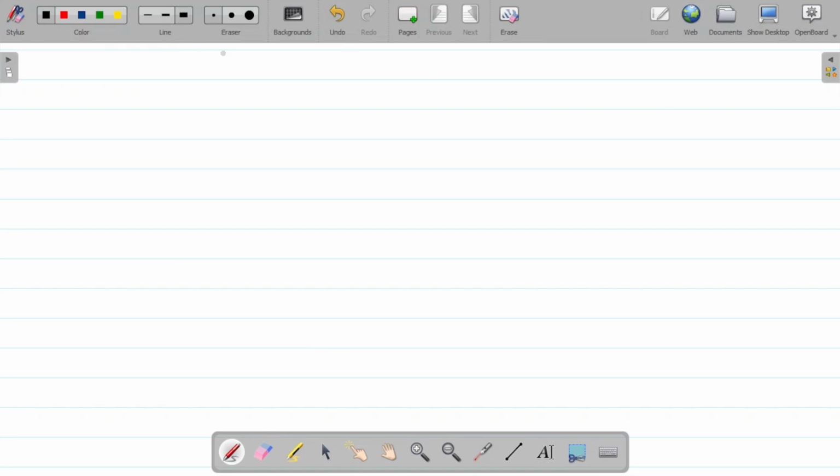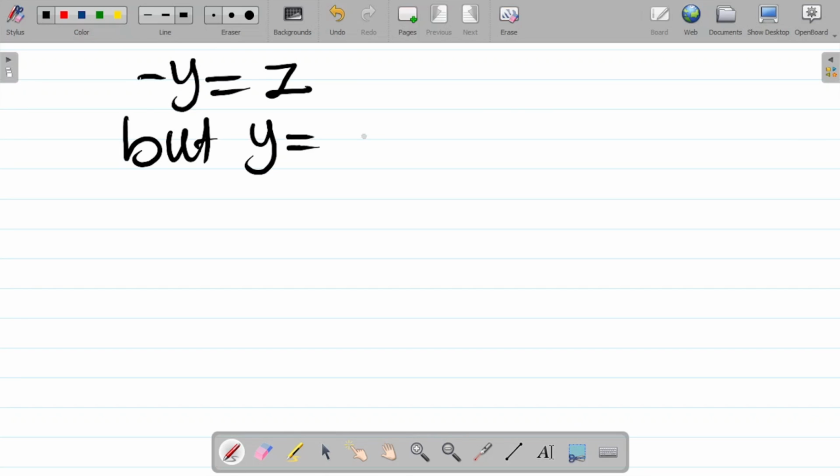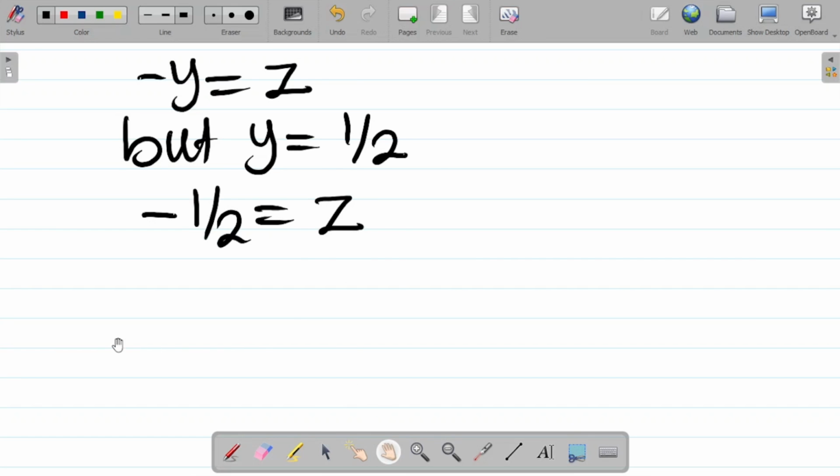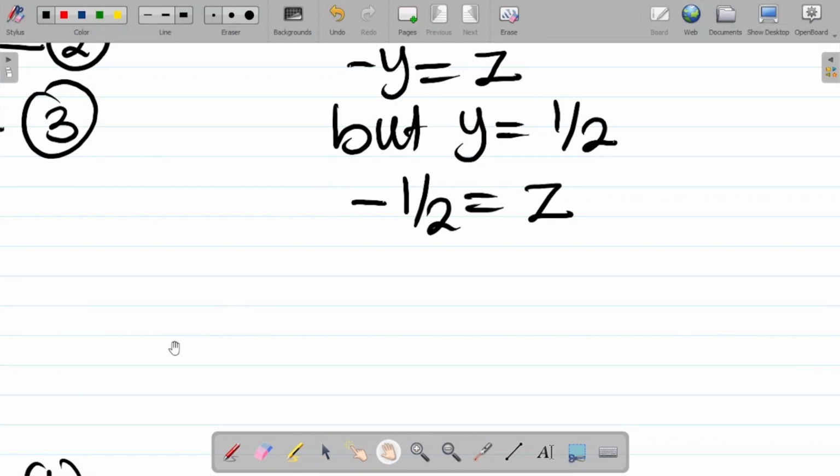So moving y becomes minus y is equal to z. But we said y is equal to 1 over 2. So we have that minus 1 over 2 is equal to z. Alright, so we've gotten y as 1 over 2. We've gotten z as minus 1 over 2.